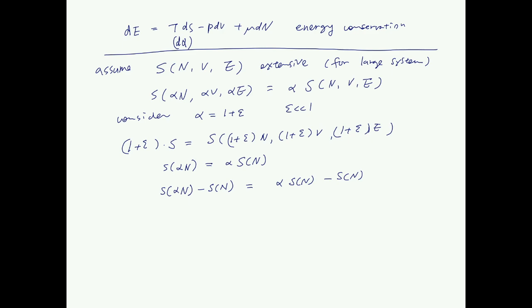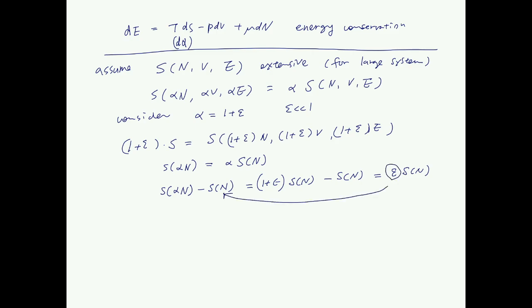If my alpha is 1 plus epsilon, then this is basically epsilon S of N. Now I divide by epsilon on the left hand side.